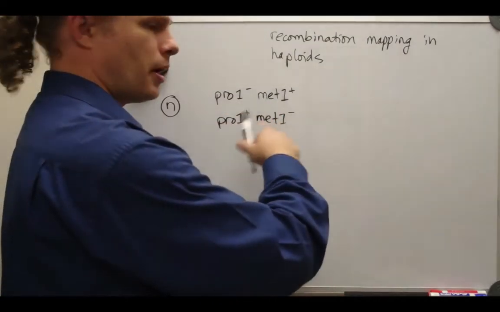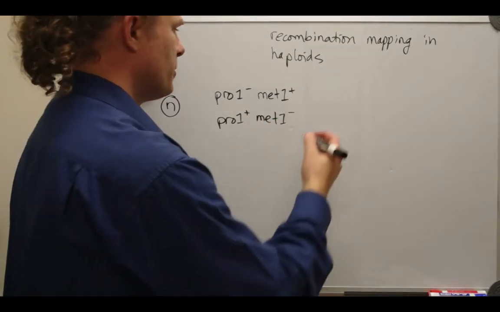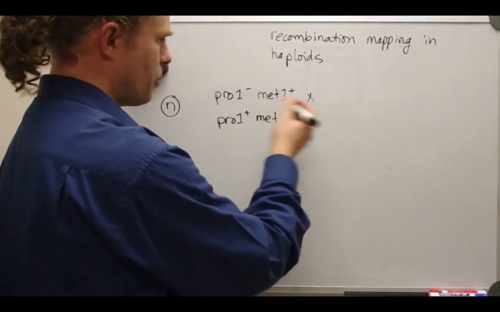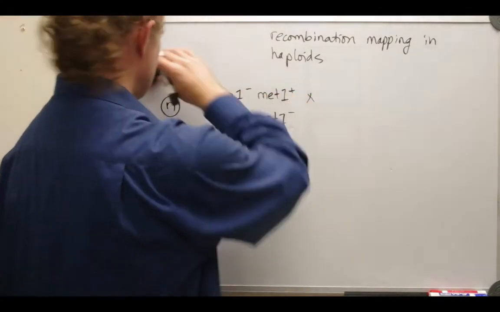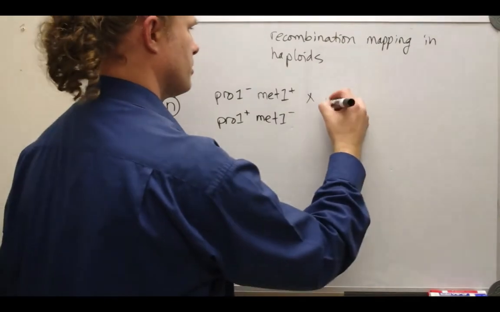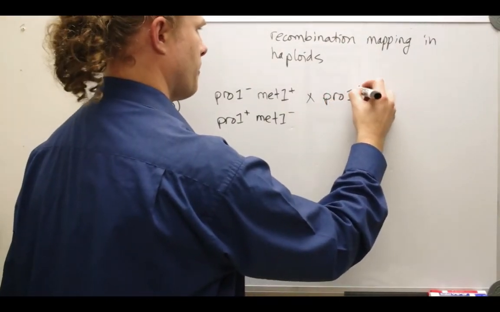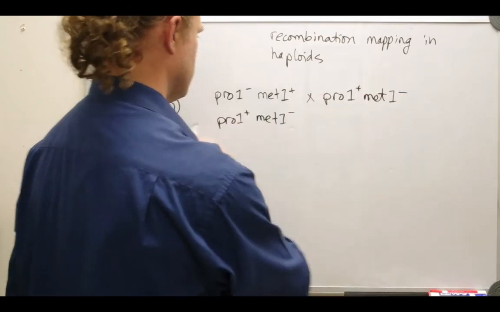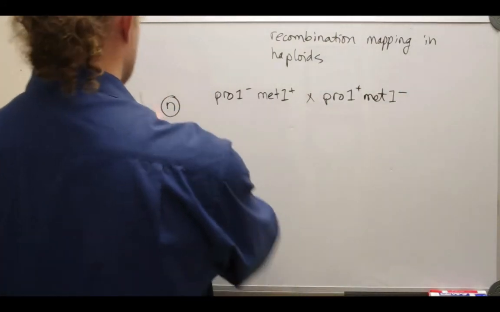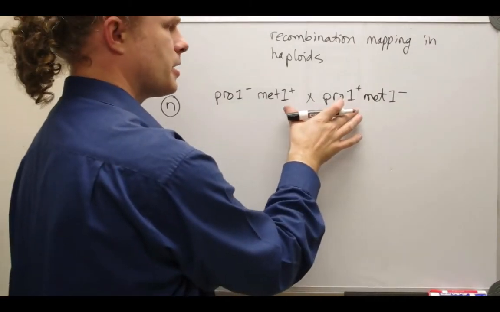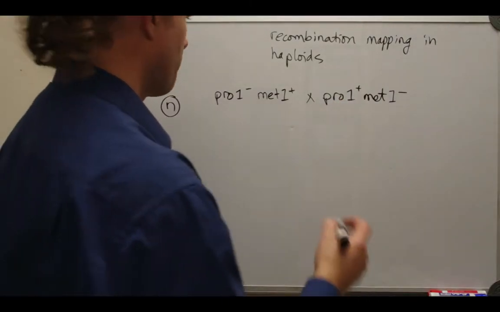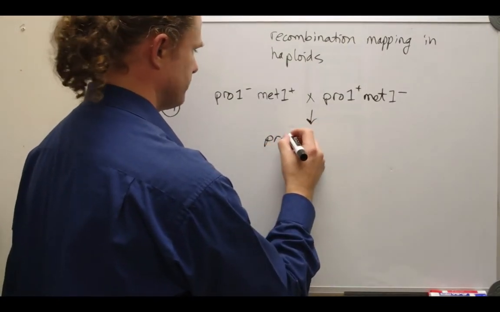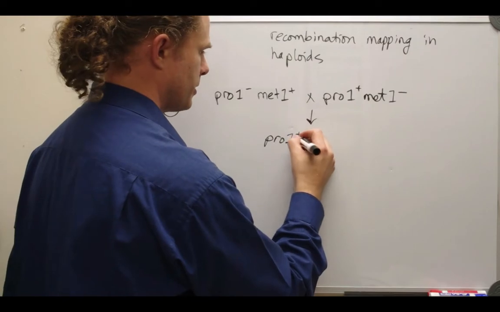Now, the way that you would cross them together would be as follows. If we're interested in mapping, we're going to have to cross these two together. So I'll just erase this one and put it here. Okay, so if we cross these two together, what we're basically saying is that they fuse to make a transient diploid. So this transient diploid is now a diploid, and it's also a dihybrid.